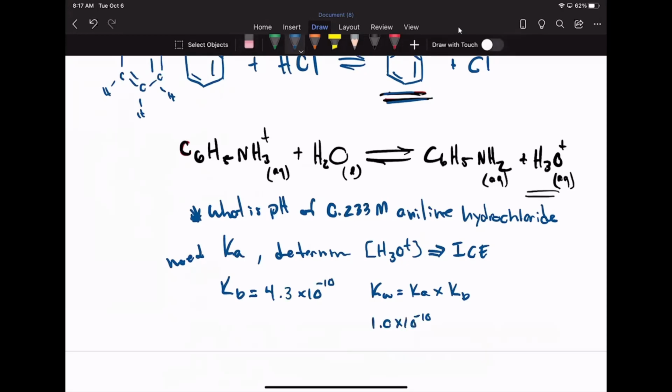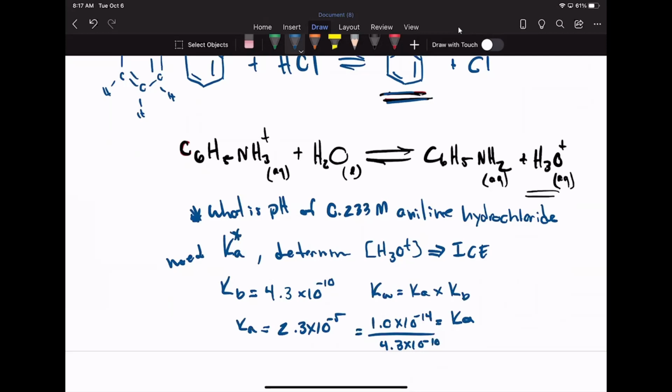So 1.0 times 10 to the minus 14 is equal to Ka times 4.3 times 10 to the minus 10. Now we can figure out that Ka value: 1.0 times 10 to the minus 14 divided by 4.3 times 10 to the minus 10 gives 2.3 times 10 to the minus 5. So here is our Ka value.